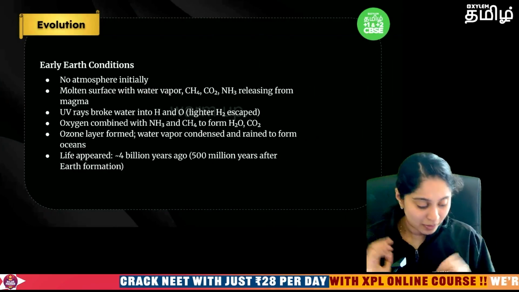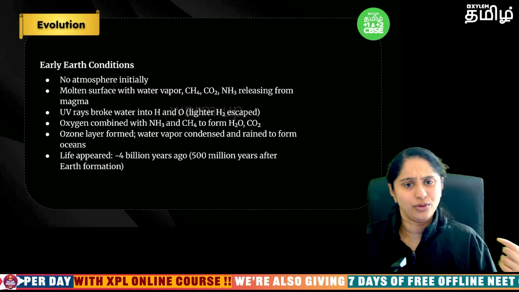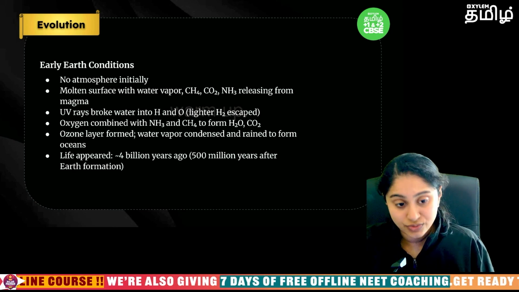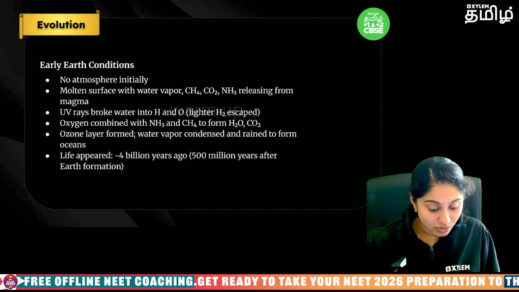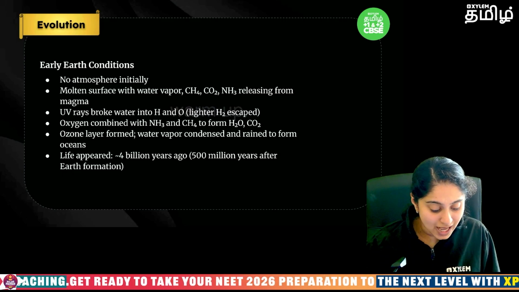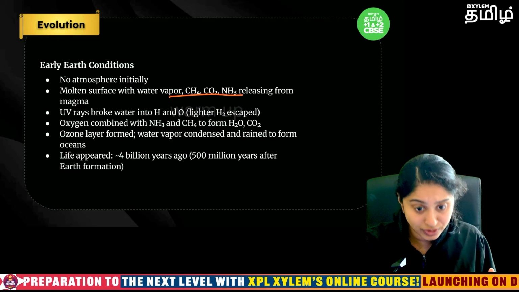That's what we believe. Early earth conditions were very different. We didn't have an atmosphere, we did not have oxygen. We had reducing gases like methane, carbon dioxide, ammonia and others.